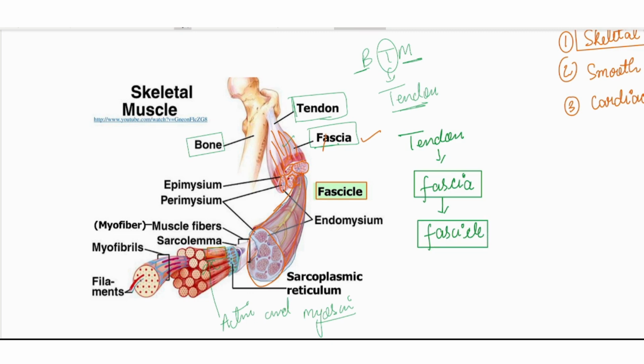Okay, so the fascia actually has the fascicle. Inside the fascicle, having the sarcomere. Okay, and these sarcomeres are like a compartment in which the sarcoplasmic reticulum as well as actin and myosin are there. Okay, which are the smallest unit. They will show the contraction and the relaxation.